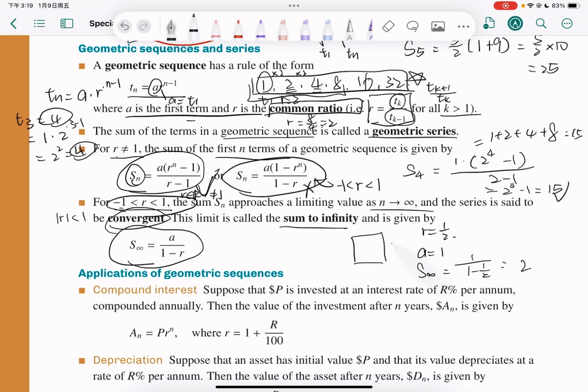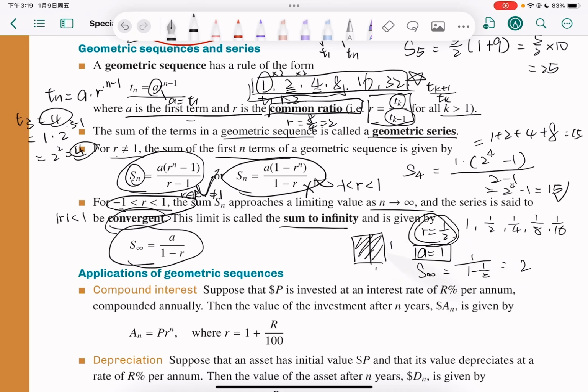For example, the area of the square is 1, which represents the initial a. After we multiply by r, we get half, and then a quarter, and then 1/8, 1/16. So every time we run it through r, we get half.